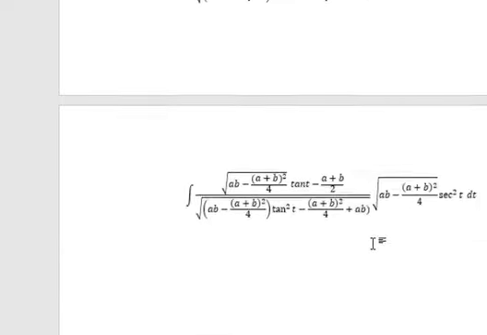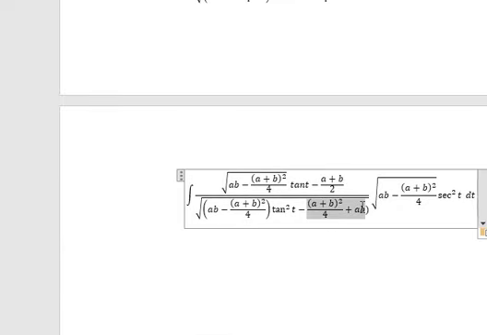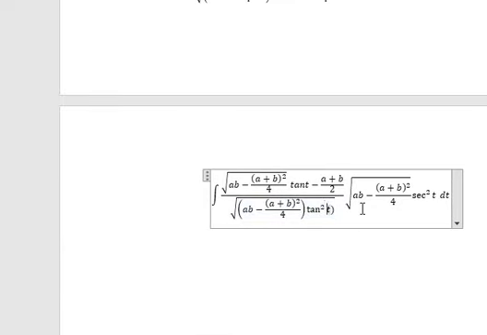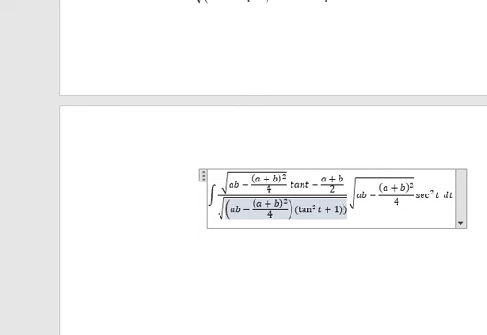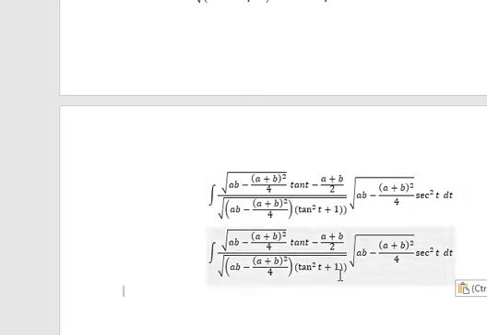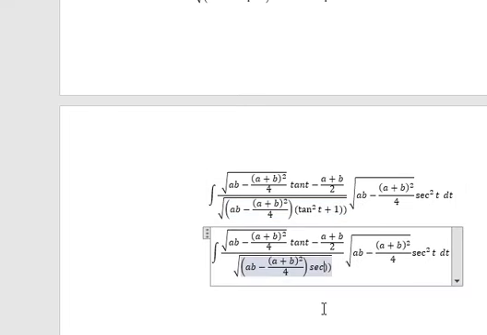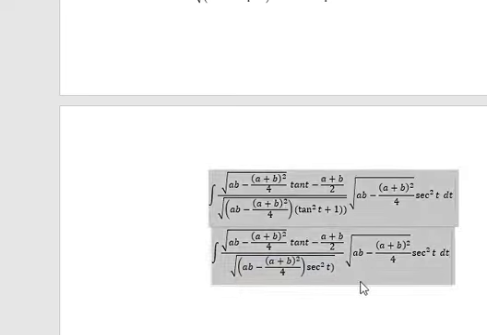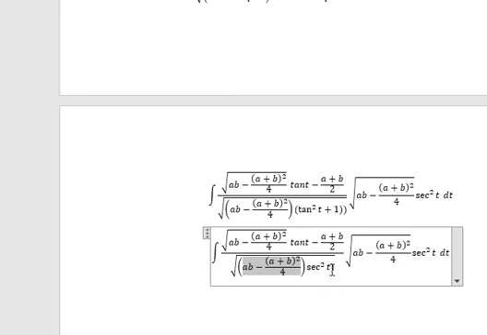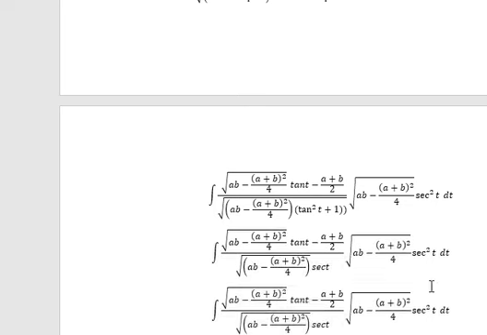Now we can do factorization of this one. This one, that is secant squared t. The square root of this one, you get this one, and secant t. And now we can simplify this one over this one.